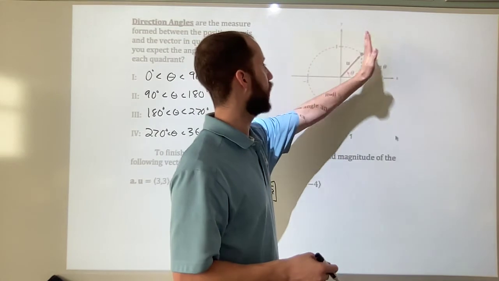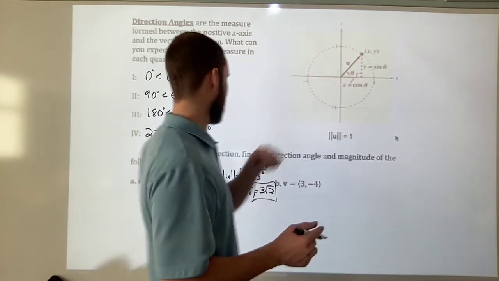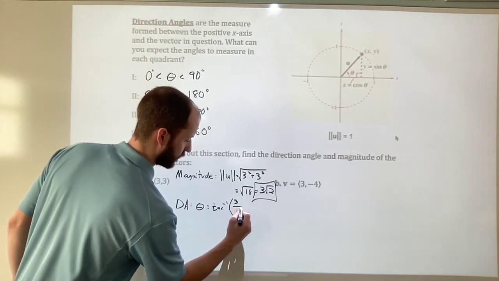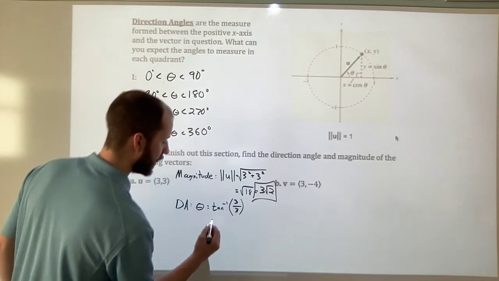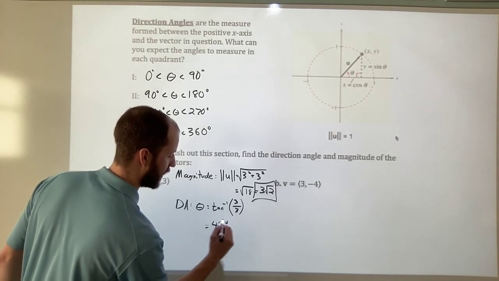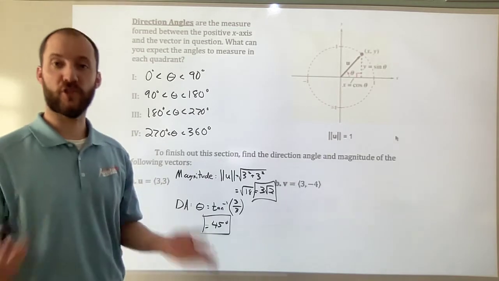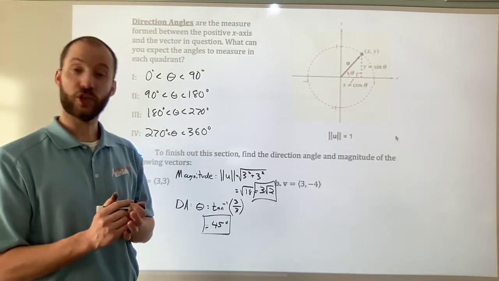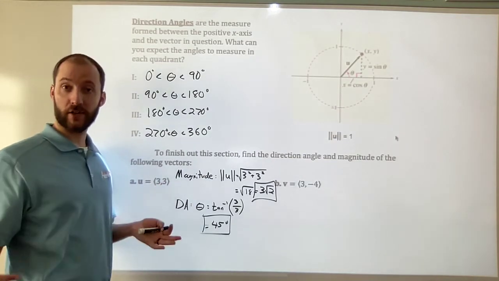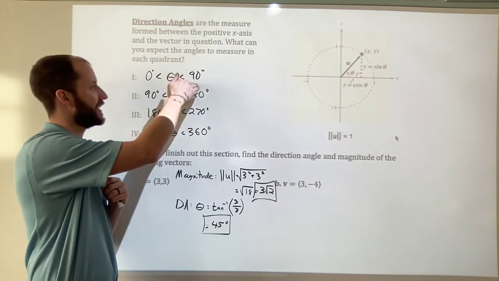So tangent is y over x, your vertical over your horizontal. So 3 over 3. And you plug it into your calculator, or you kind of see, hey, they're the same. So you end up with 45 degrees. Now that's good, because 3 comma 3 is in the first quadrant. So our angle 45 should be between 0 and 90.